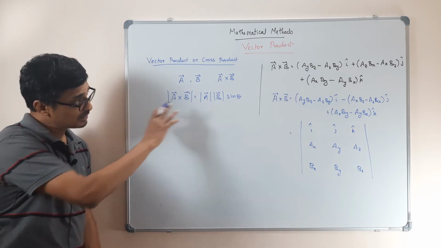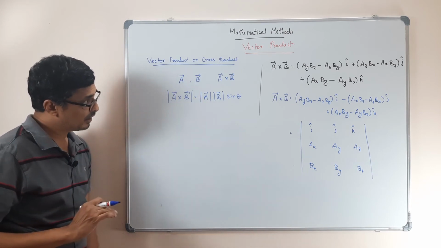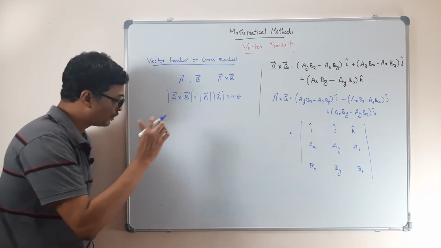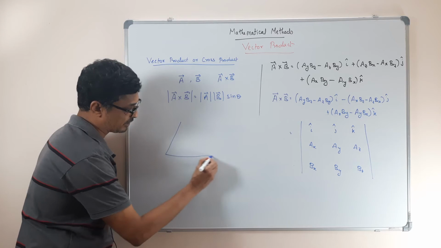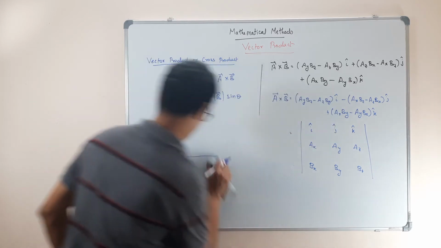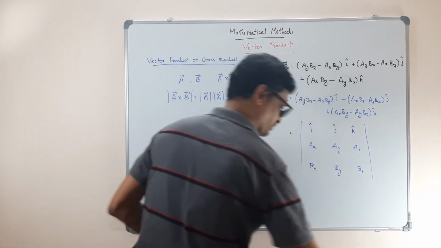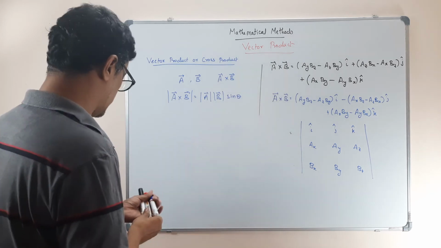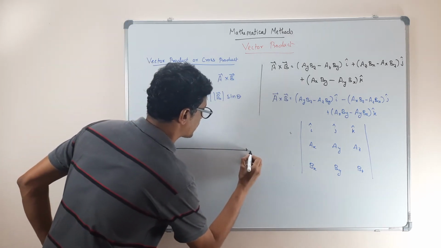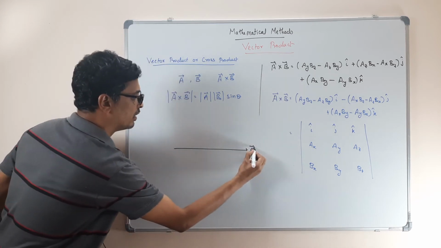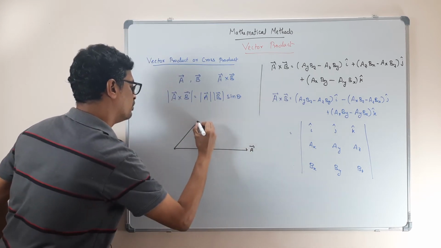So if I try to write, this is the A vector, and this is the B vector.